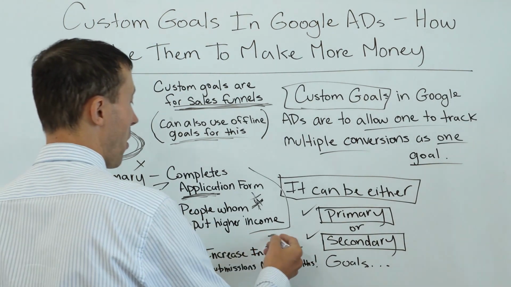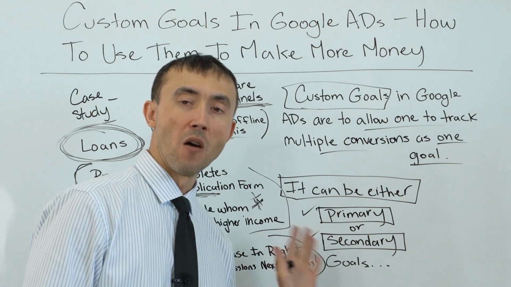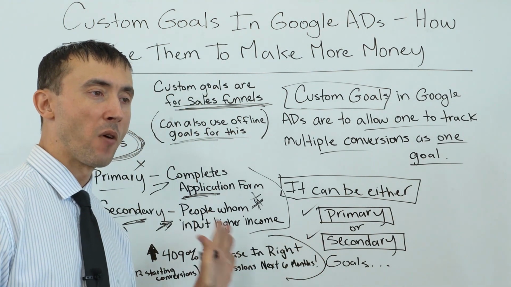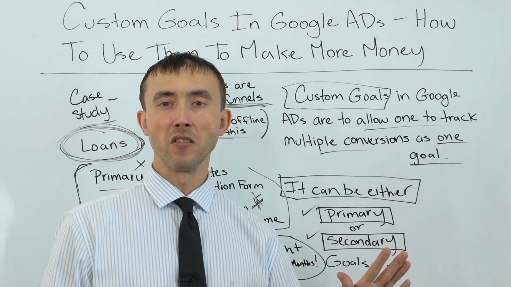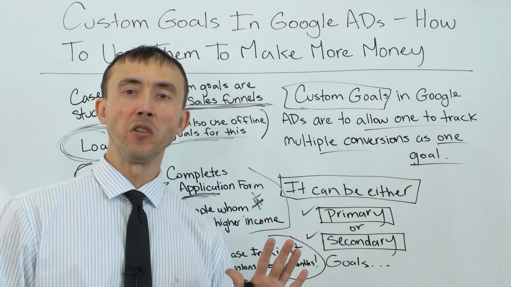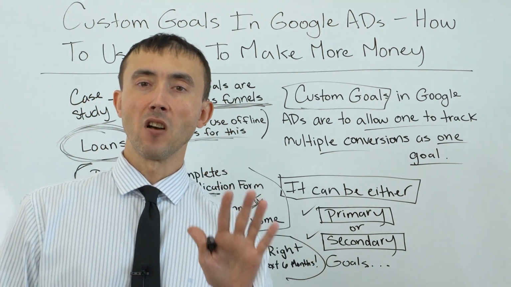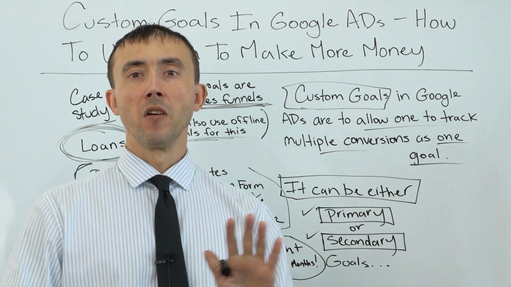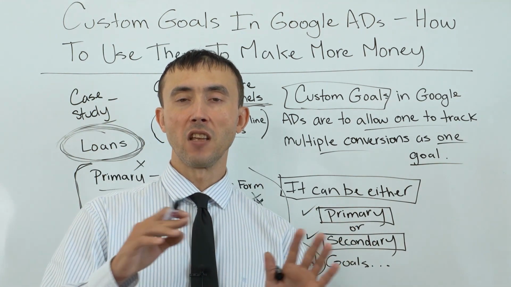Now, as far as the results that we got with this company, I'm going to go through the results here, but what I want to point out is what I just told you is worth millions of dollars in and of itself. If you switch to multi-step forms on your site and you tell people that instead of just contacting us for a quote, get a quote within 60 seconds, just answer these questions.